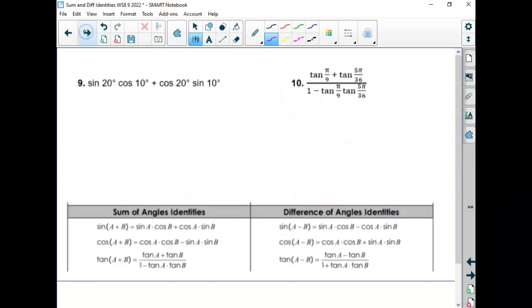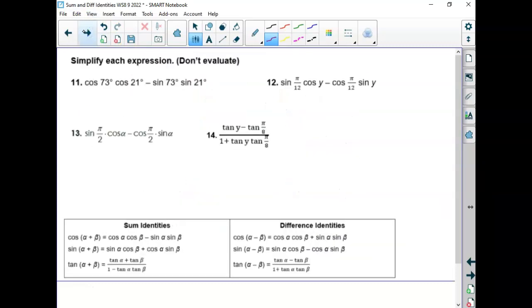Oh, these say simplify, don't evaluate. Okay, which one you want me to talk about here? Anybody pick one. Which one? Did you say 13? 14, okay, 14, sorry.